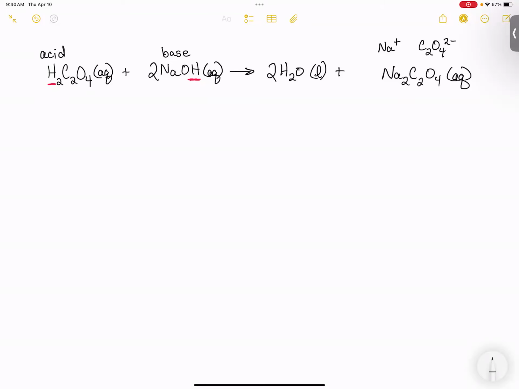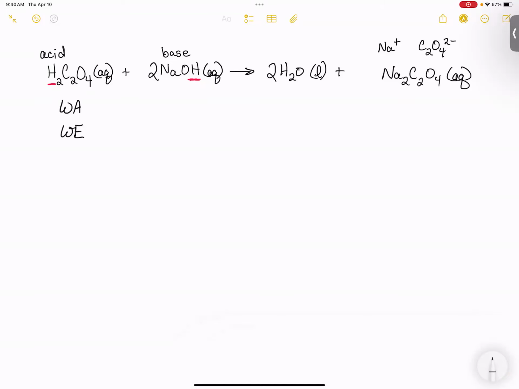You got to go back to what is a strong electrolyte. A strong electrolyte is a soluble ionic compound. It is a strong acid, and it is a strong base. I say that because oxalic acid is a weak acid. And weak acids are weak electrolytes.